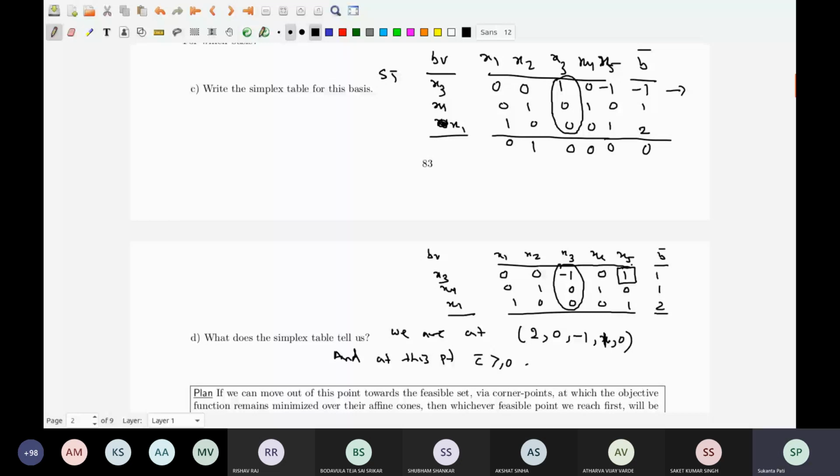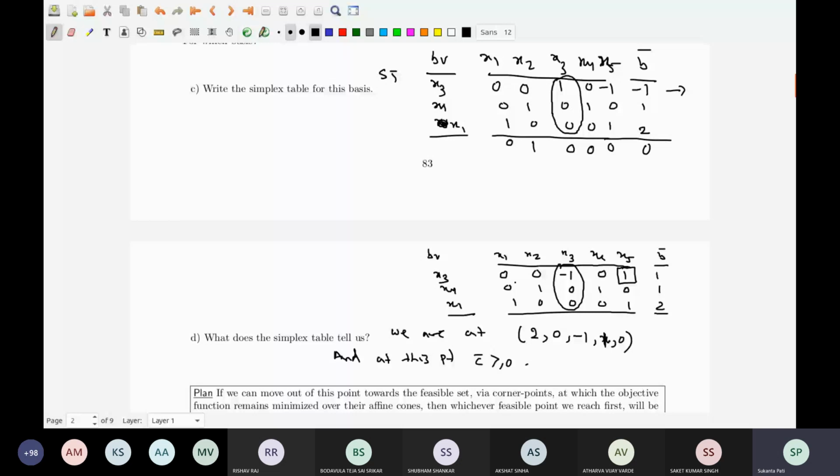Now look, if all these entries in this row are less than or equal to 0, this means 0 times x1, 0 times x2, -1 times x3, 0 times x4, 1 times x5 equals 1. That is what it reads. But if that is also negative, it will mean that some non-positive times x1, non-positive times x2, non-positive times x3, non-positive times x5, everything non-positive, is finally becoming 1, which is positive.